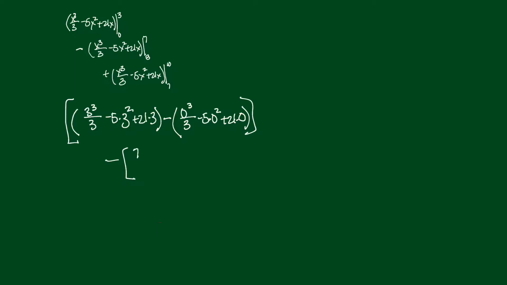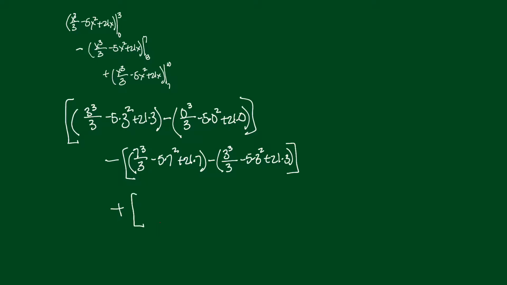Start with the upper limit. 7 cubed over 3 minus 5 times 7 squared plus 21 times 7, okay, parentheses, minus, put in the lower limit, that's the 3, so I'll get 3 cubed over 3 minus 5 times 3 squared plus the 21 times 3, okay, and then plus, here is the very last one, put in the upper limit, all right, so this will be 10 cubed over 3 minus 5 times 10 squared plus 21 times 10 minus, put in the lower limit, which is the 7.